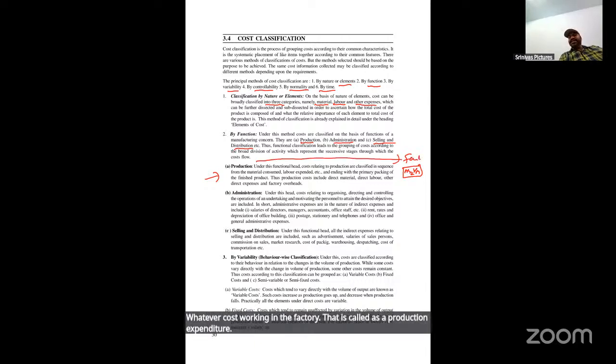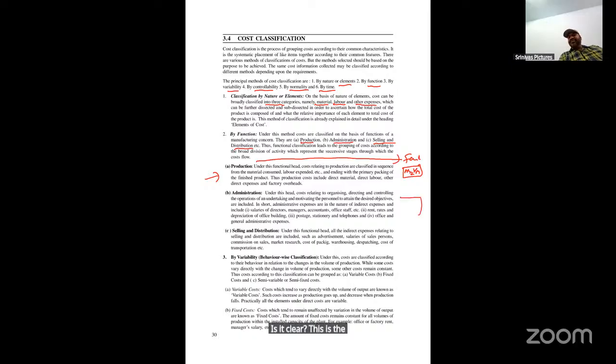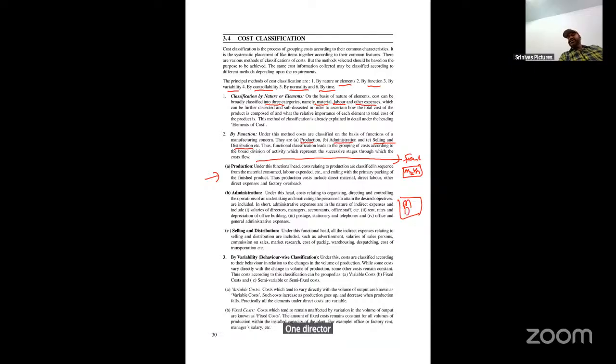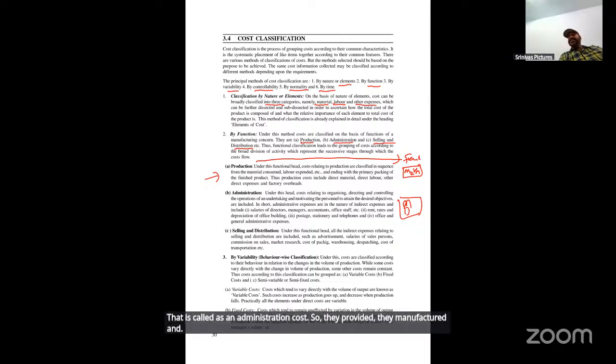Is it clear? This is the head office. To maintain this factory, one manager is there, one director is there. To purchase their material, these office people work. Whatever cost is incurred for these people is called administration cost. Then they manufactured, and the finished goods are ready.